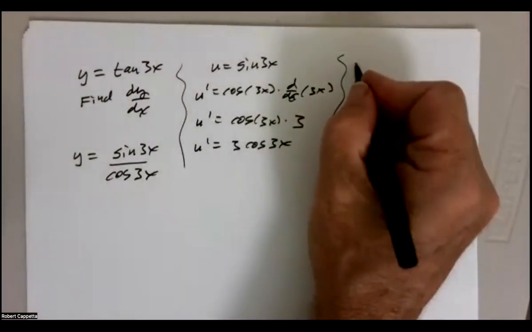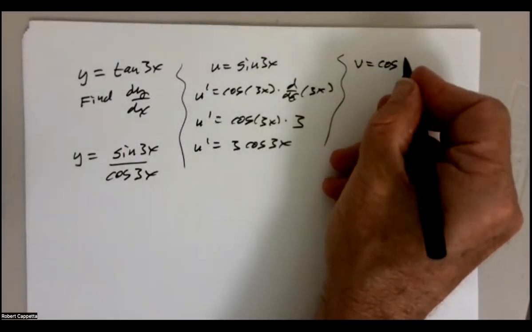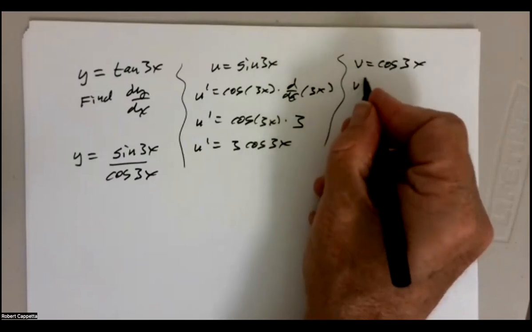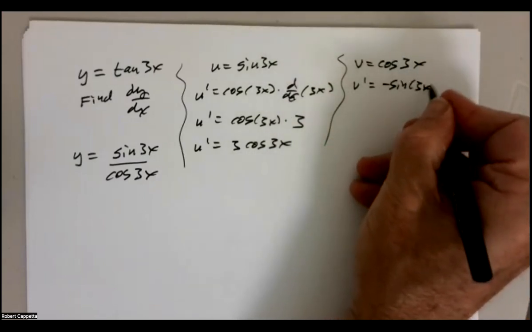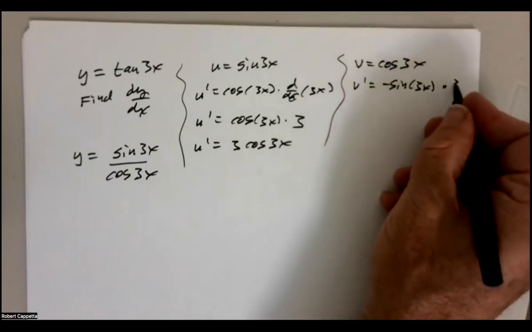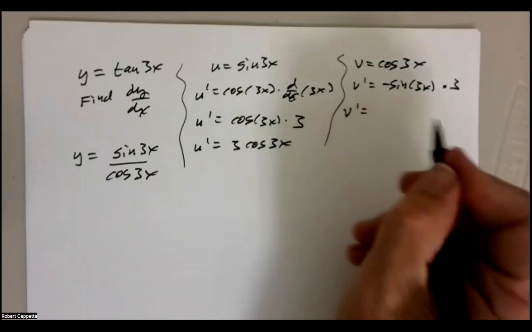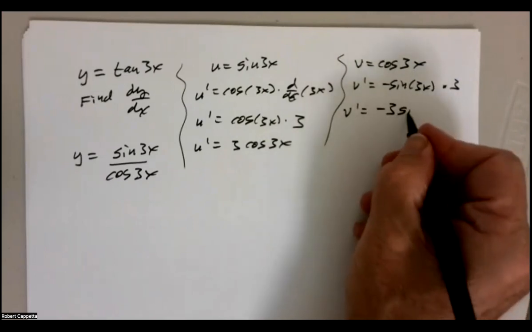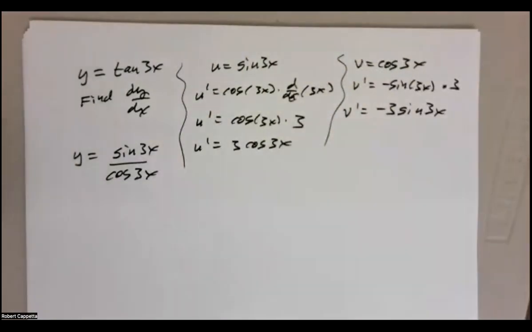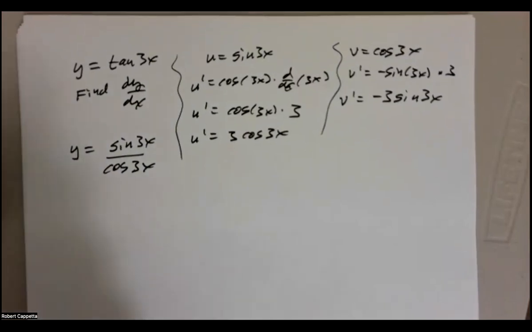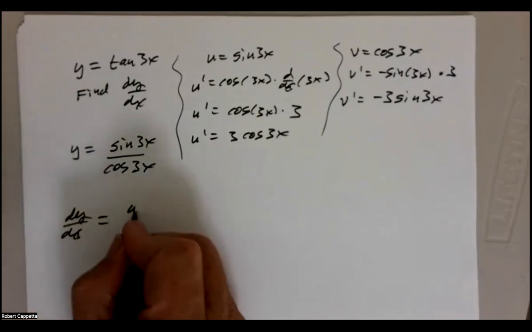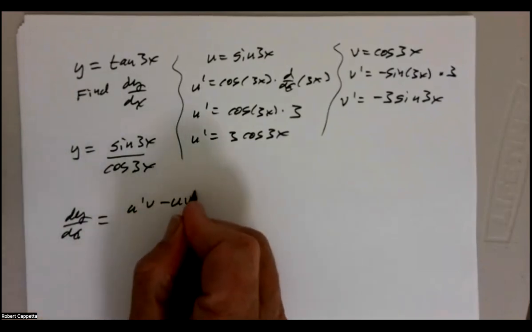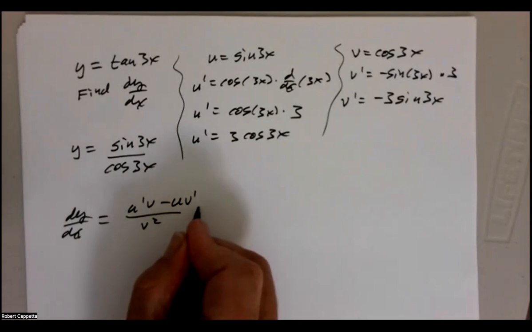My v here is cos 3x. V prime, the derivative of cosine is minus the sine of 3x times the derivative of 3x, which is 3. So v prime is minus 3 sine 3x. Okay. We want to find dy dx. U prime v minus u v prime over v squared.